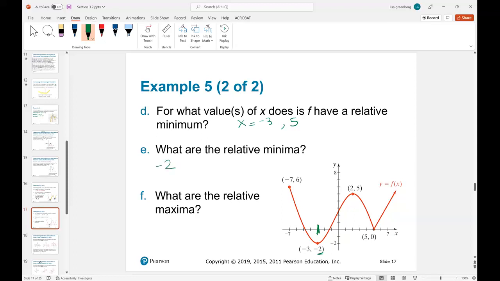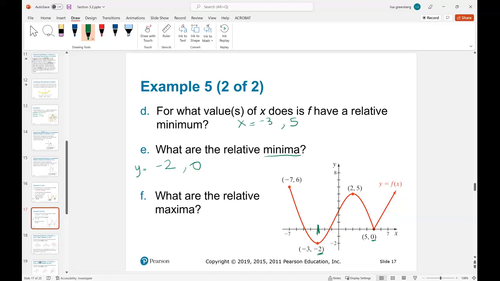And I also have a second relative minimum, and minima is just the plural for minimum. So more than one minimum is minima, okay? And this right here is another relative minimum, which is a y value. So basically, these are the y values. That's what the minimum values are.